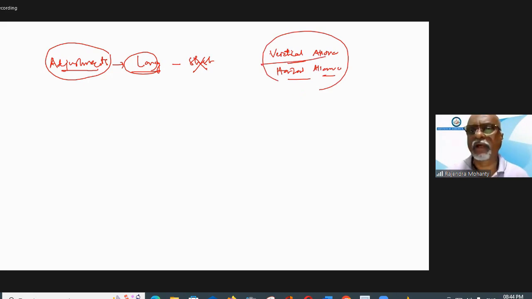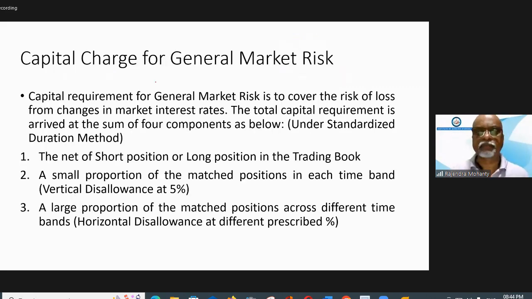So you have to apply this vertical allowance and horizontal allowance as per RBI guideline whenever there is a short position. That will be adjusted with the long positions. I'll just give you an example.